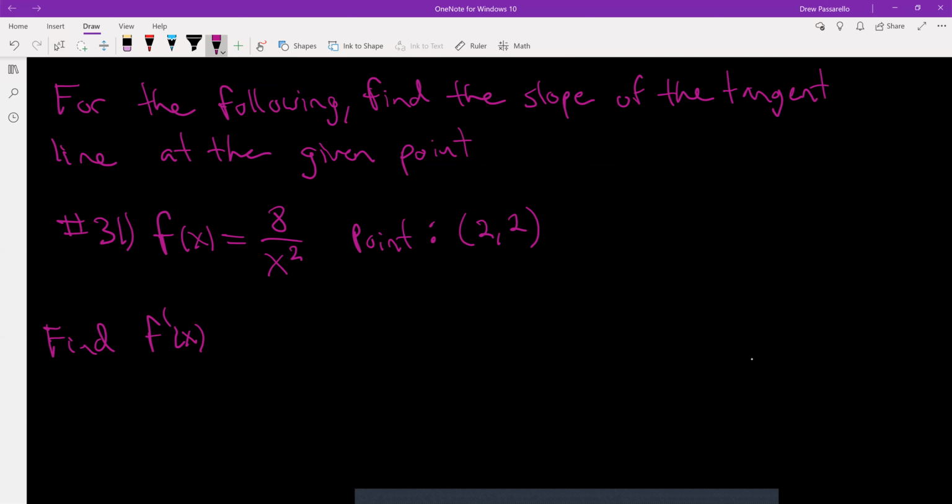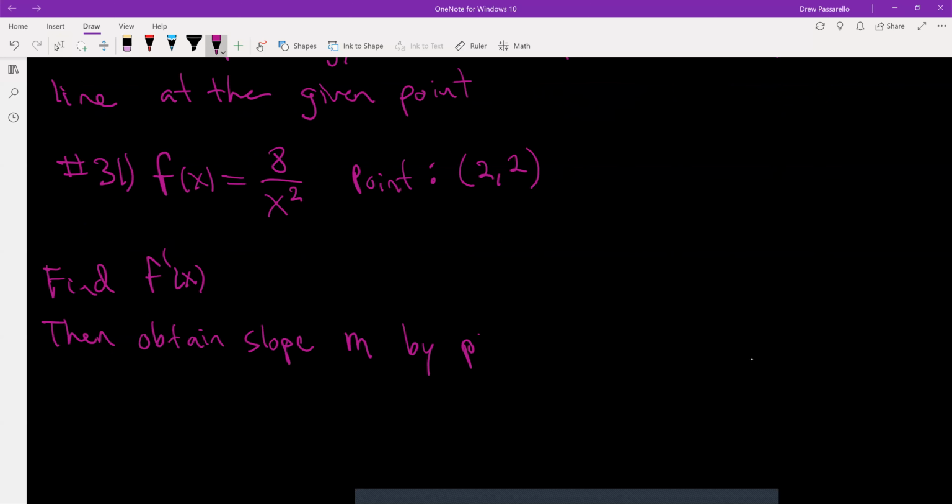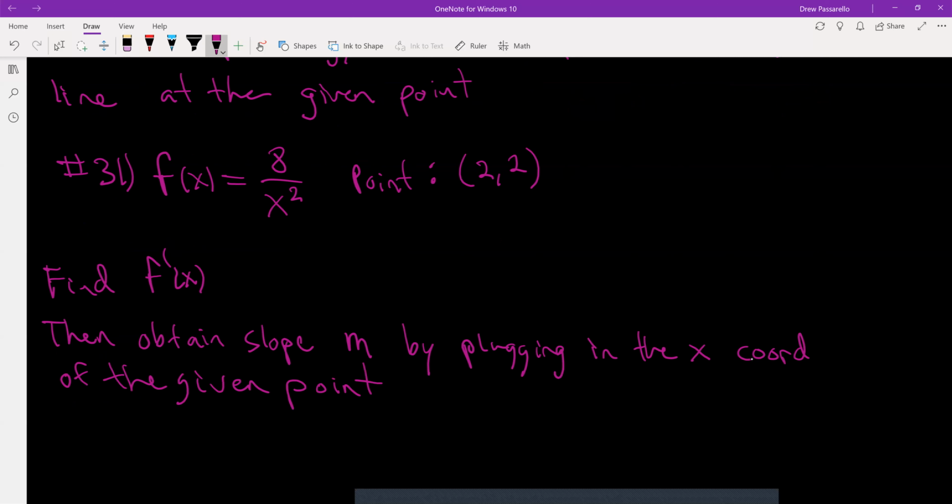And then after I find the derivative, you obtain the slope, m, by plugging in the x coordinate of the given point. All right, that's how I'm going to approach the problem.